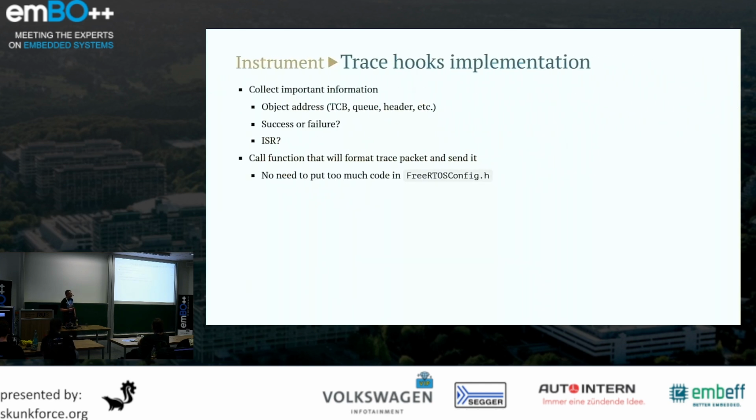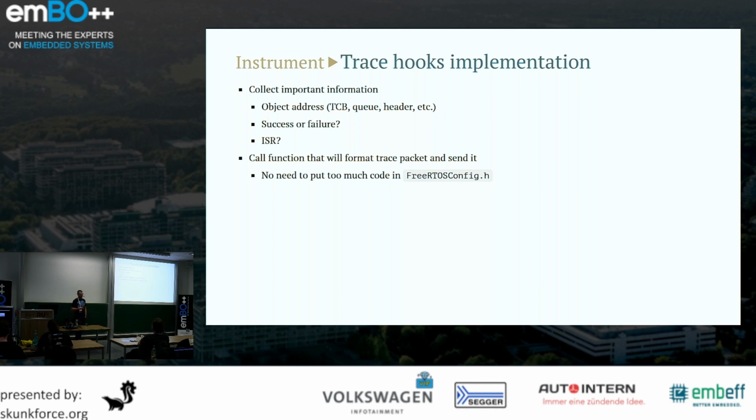So we will implement these hooks to collect the most important information, like the address of the task that was switched out, or the queue that we tried to push to, or the mutex that we unlocked, stuff like that. We'll collect the information whether the operation was successful or not, or whether it blocked.